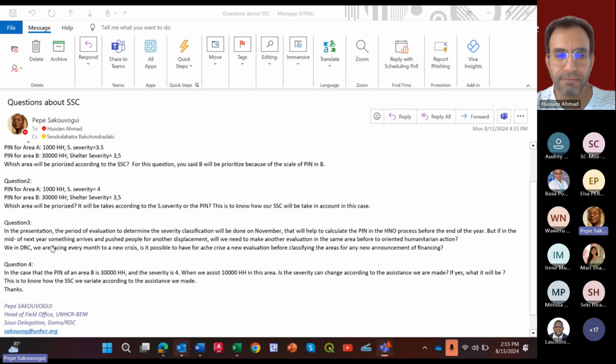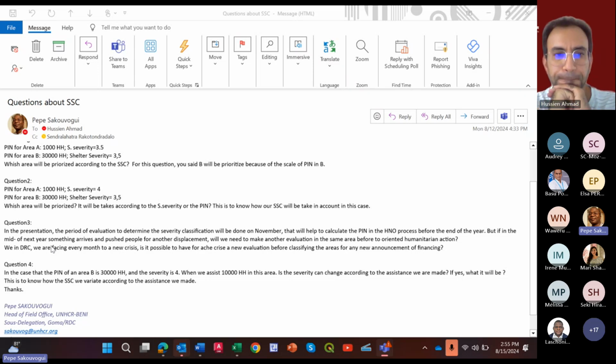Will we again go to the field, make the evaluation, and come back before making the activity calculation and classifying the areas before deciding the actions?